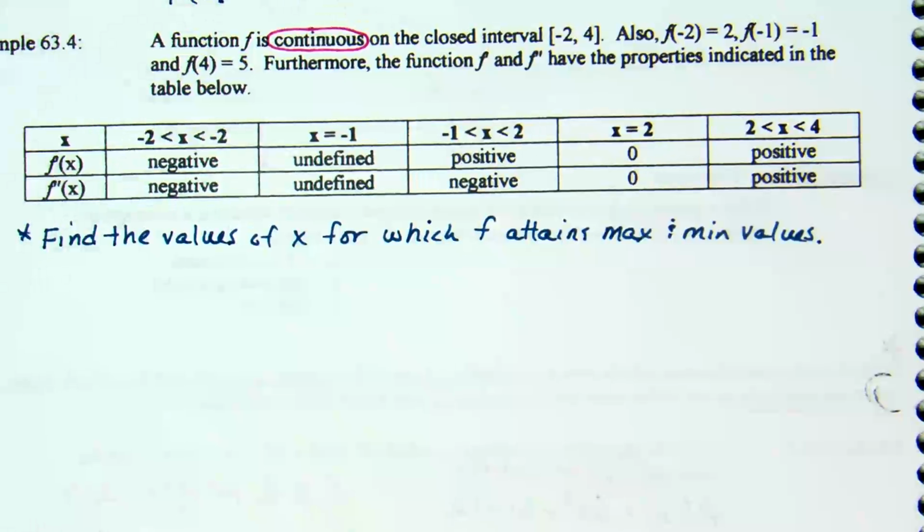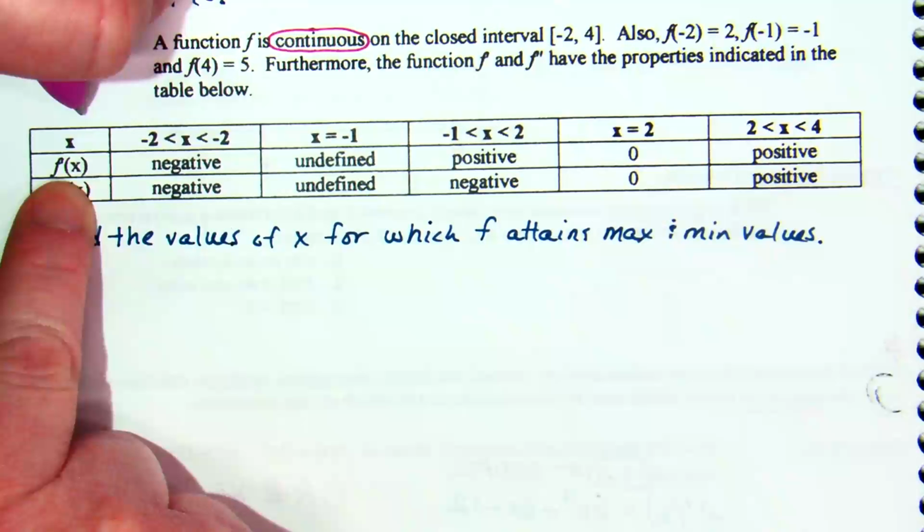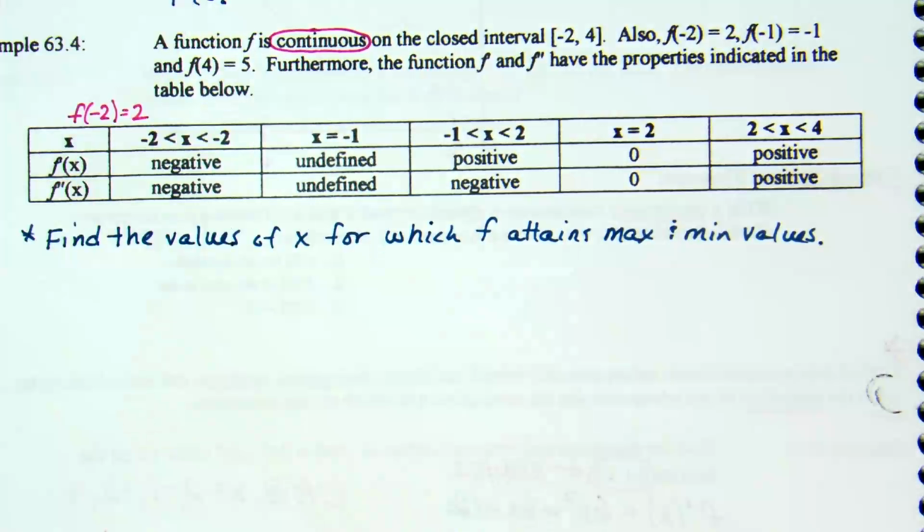They also tell us that f of -2 is 2. So I'm going to put this down here, kind of just organizing. If f of -2 equals 2, what ordered pair is that? Realize they're giving you the ordered pair of -2, 2, because I plan for us to do a sketch here in a moment.